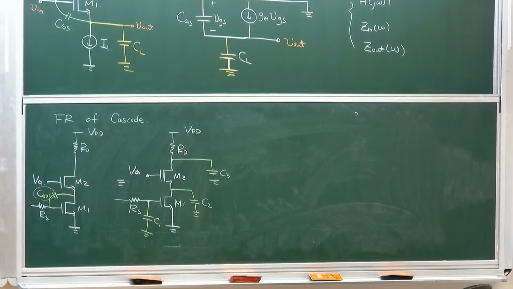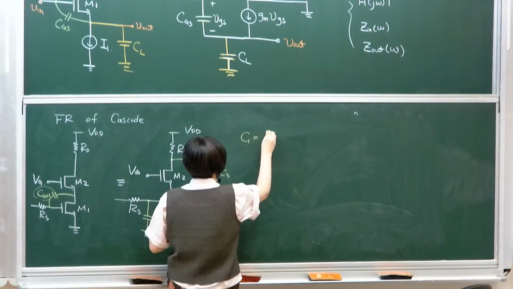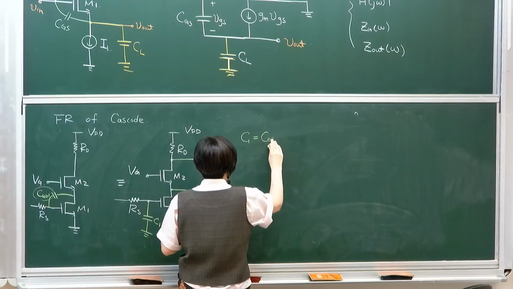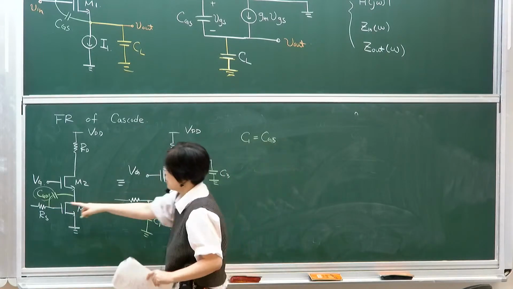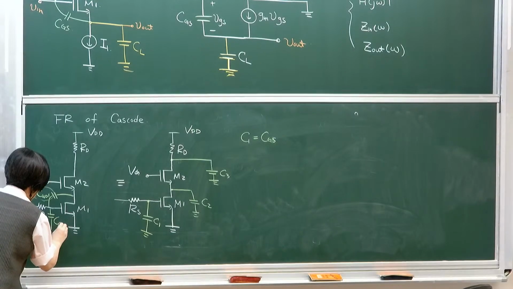Let's highlight what is in each one of the nodes. For C1, I have CGS itself, so let me write it down, CGS1.